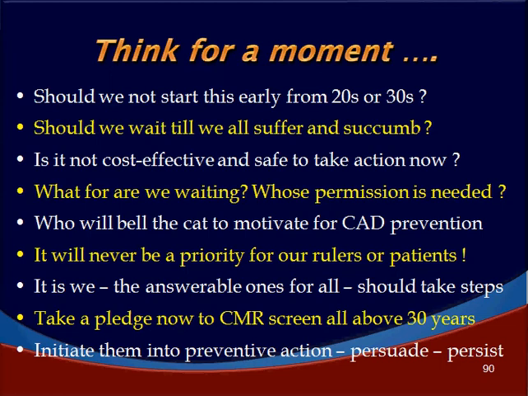So please take a pledge now to screen all patients above 30 for cardiometabolic risk. Initiate them into preventive action. It is difficult, I know. It is not that rewarding either, but persuade, persist with them, and see whether you can reduce at least some part of the burden of this epidemic of CAD.